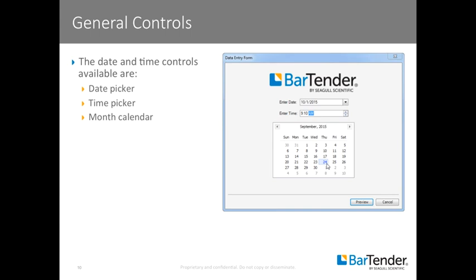So now in the scenario where the end user is actually going to know what date they need to pick, or what date or time needs to be printed on the label format, we also have controls available that behave in the same manner where you can select the date and time or whatever it may be, and that's what's going to print on your label format.